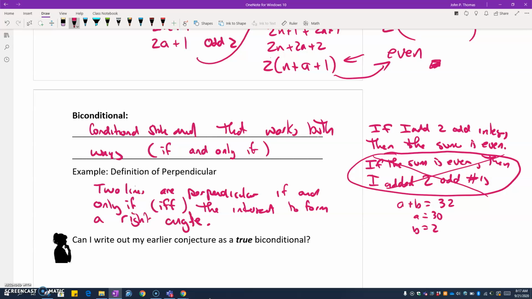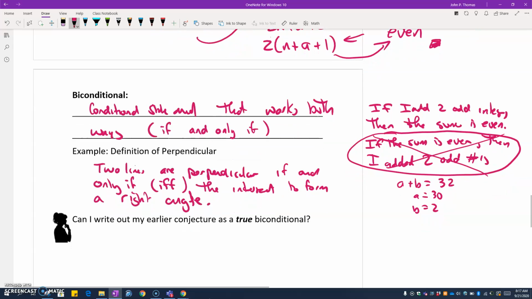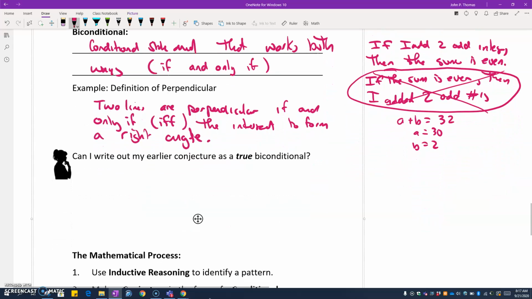All right, because if two lines intersect and form a right angle, we know they're perpendicular. If they're perpendicular, we know they intersect to form a right angle. All right, and we've actually already checked to see if I could make that earlier conditional into a biconditional, and we could not. It was false.